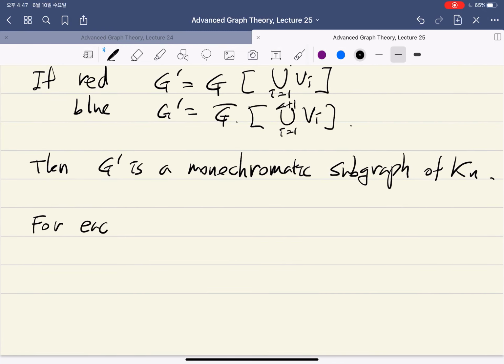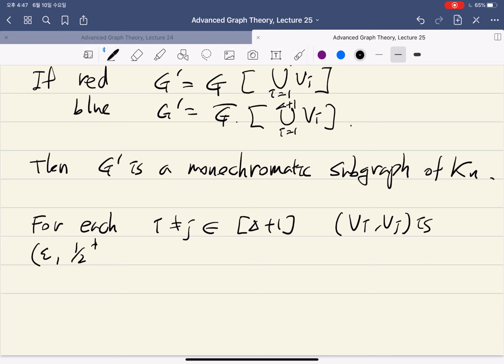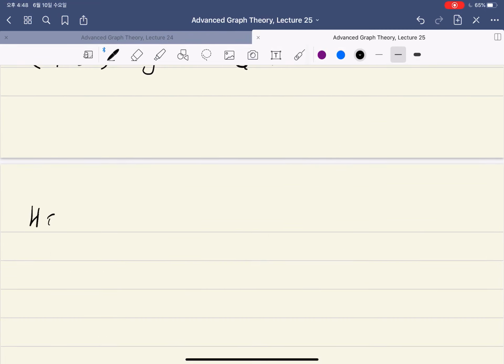And for each ij between 1 and delta plus 1, we know that B_i and B_j are epsilon regular with density at least half. Also, H is delta plus 1 partite, since the maximum degree is delta, so it's delta plus 1 colorable.